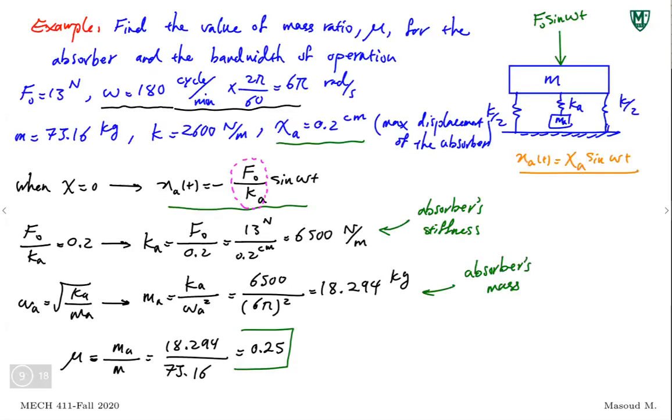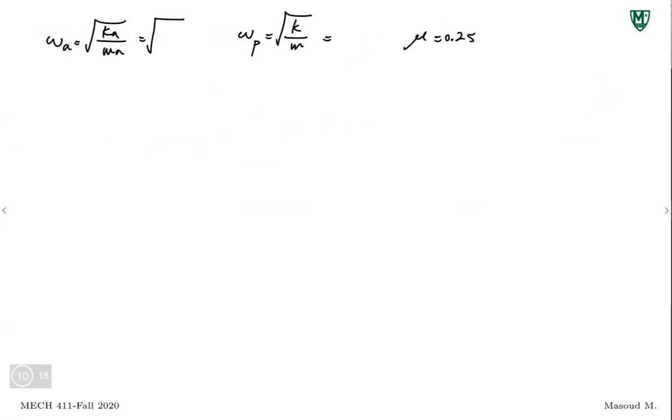Omega A is the square root of Ka over Ma. I need omega P, which is the square root of K over M. I also need mu. Well, mu I already know. Mu is 0.25. If you plug in these numbers, this becomes Ka, we found it, 6,500 divided by 18.294.